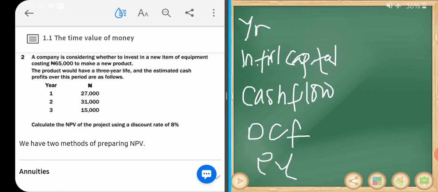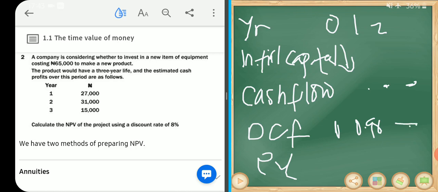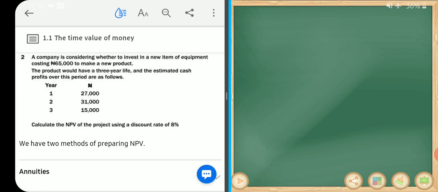The other way we arrange it straight, lying down, but this one we are arranging it standing up. So our year will now come here as 0, 1, 2, 3. Under initial capital, we write our figure here. Under our cash flow, for year 1 we write it here, for year 2 here, for year 3 here, and so on. Your DCF, the same thing. For year 0 it will be 1, here will be 0.90, like that. Then you get your present value.